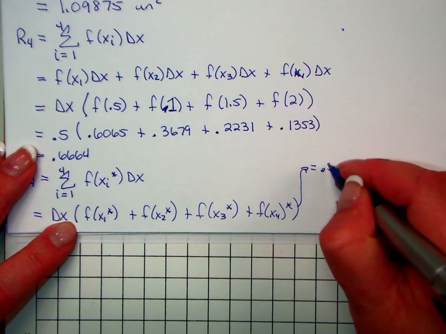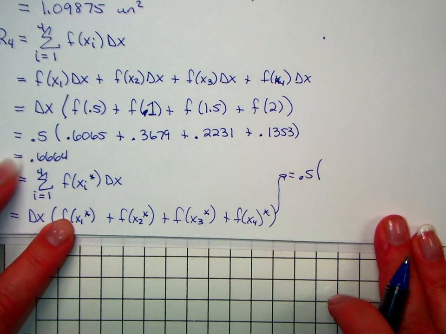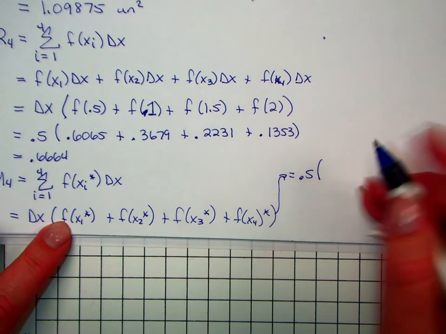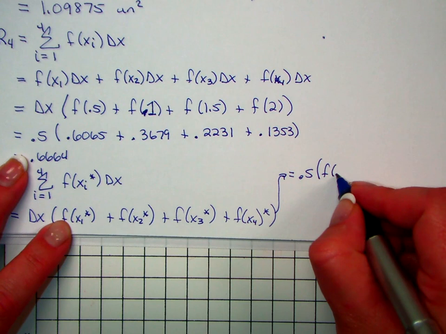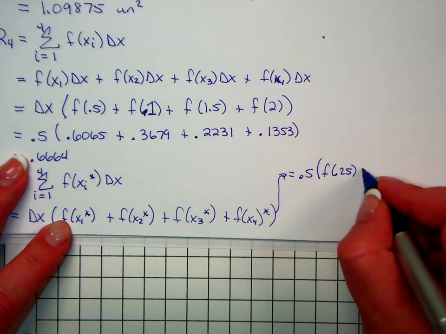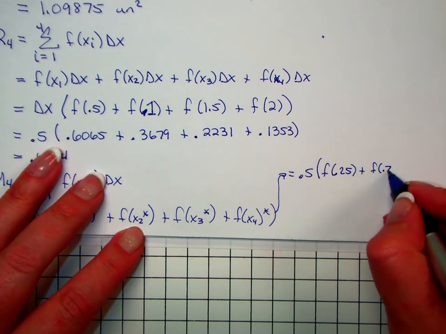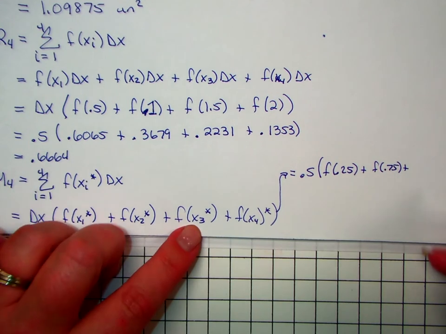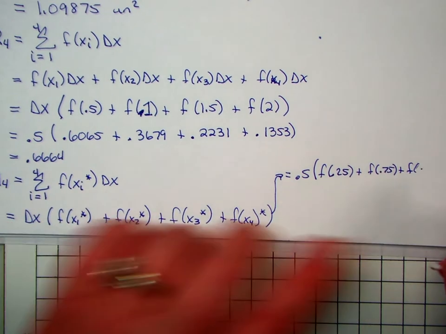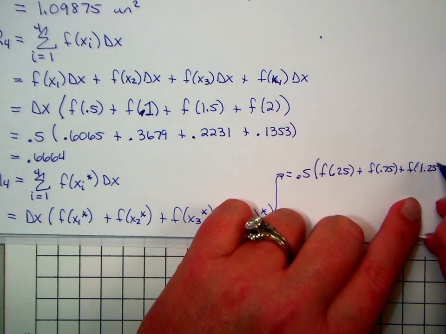So delta x is 0.5. x of 1 star, we calculated already. This is the function value at 0.25. x of 2 star is 0.75. x of 3 star was 1.25.